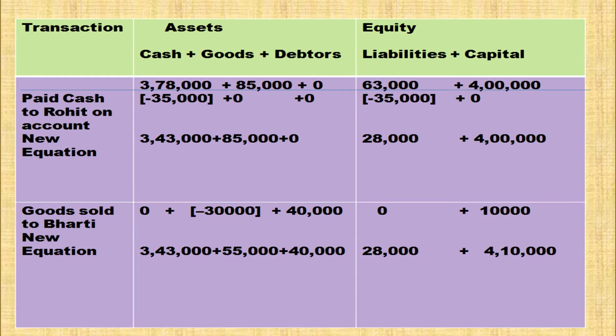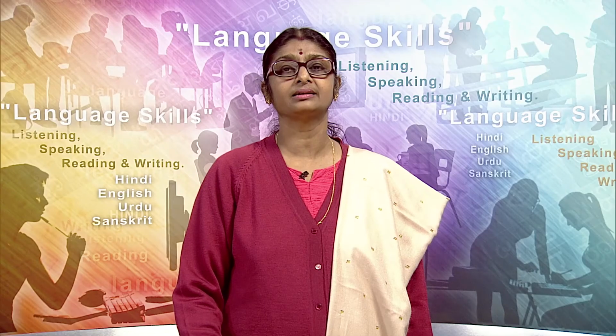Then the new accounting equation will be like this: cash 3,43,000 plus goods 55,000 plus debtors 40,000, that is 4,38,000 on the asset side, and liability 28,000 plus capital 4,10,000. Here also 4,38,000. So the accounting equation is satisfied.